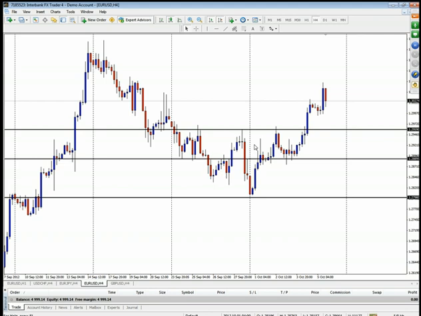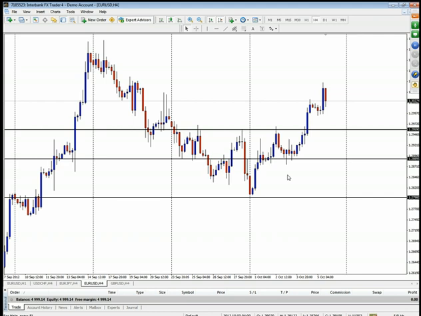Some people use it in different ways, and you also use it in a way where if it's about to break through a resistance level or break down through a support level, then once it pulls back again after it's broken through it, you can look for your entry.